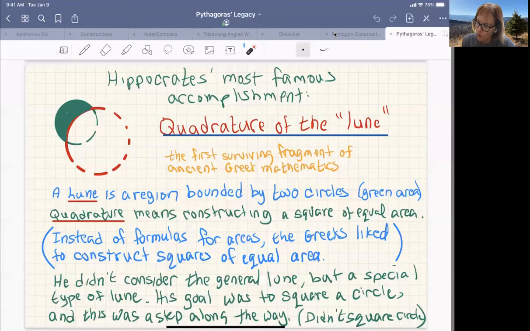Basically, I'm imagining that I'm taking the green circle and cutting away everything that's in the red circle. And then what's left over is shaded in green. So basically, it looks like the shape of a crescent moon.